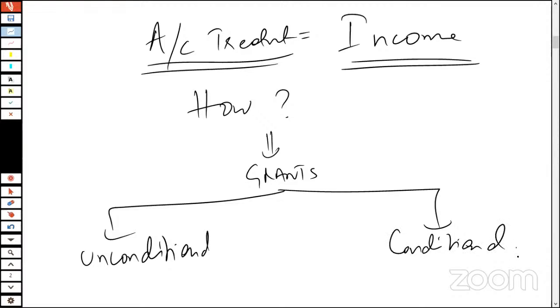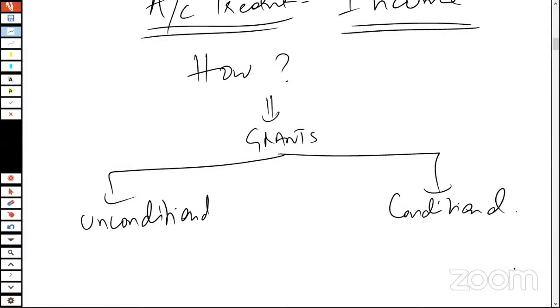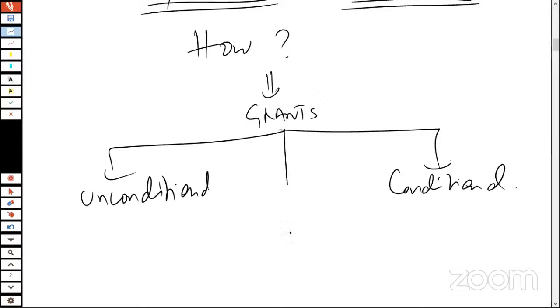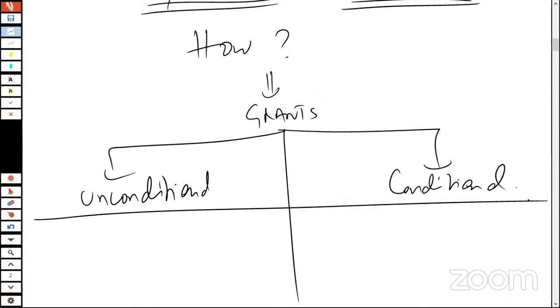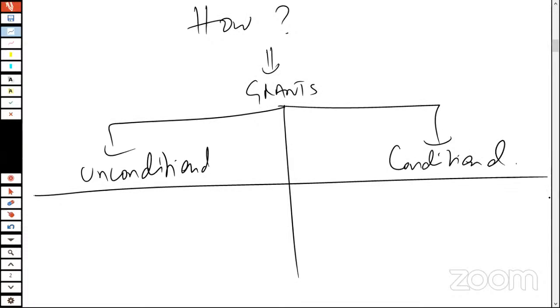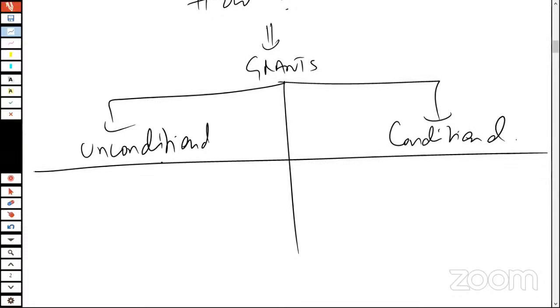When we talk about government grants being recognized as income, it depends upon whether the grants given to you are unconditional or conditional. Unconditional means no conditions are attached.